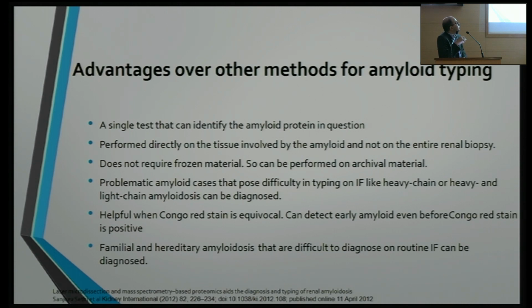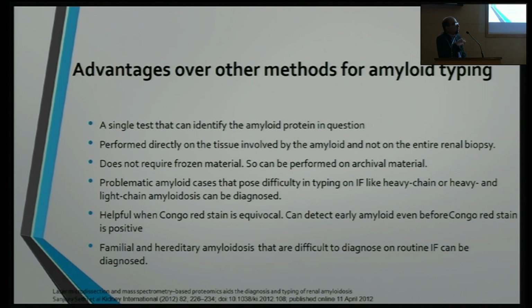So it can be performed directly from the tissue involved. I'm not saying in every case of amyloid it is required, obviously, because when you have straight away AA and AL amyloid, which are the predominant amyloid in our population, this can be picked up by our routine IHC or immunofluorescence. But apart from that, for the remaining cases, this could be there.